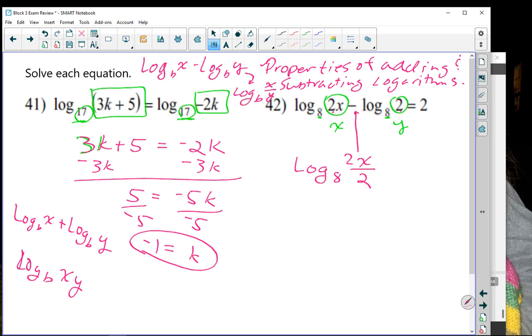Now, you have to make sure that what is the same? The b, or the base of the log. Got to make sure that that's the same. So when it's addition, we multiply. When it's subtraction, we do what? We divide.